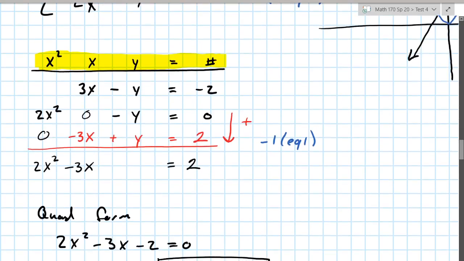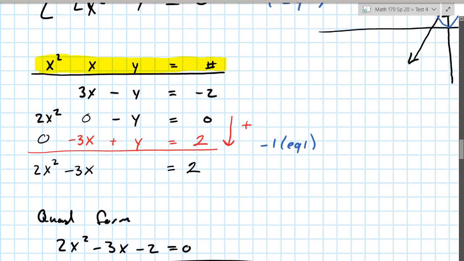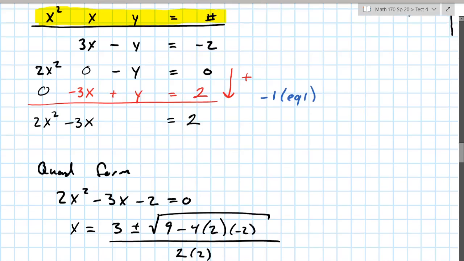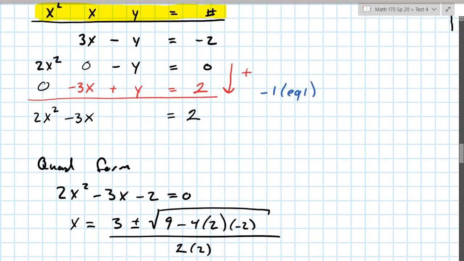If we rearrange it, we have a quadratic form, and we hope that it factors. If it doesn't factor, or if we don't want to take the time to think about whether or not it factors, we could just use the quadratic formula.